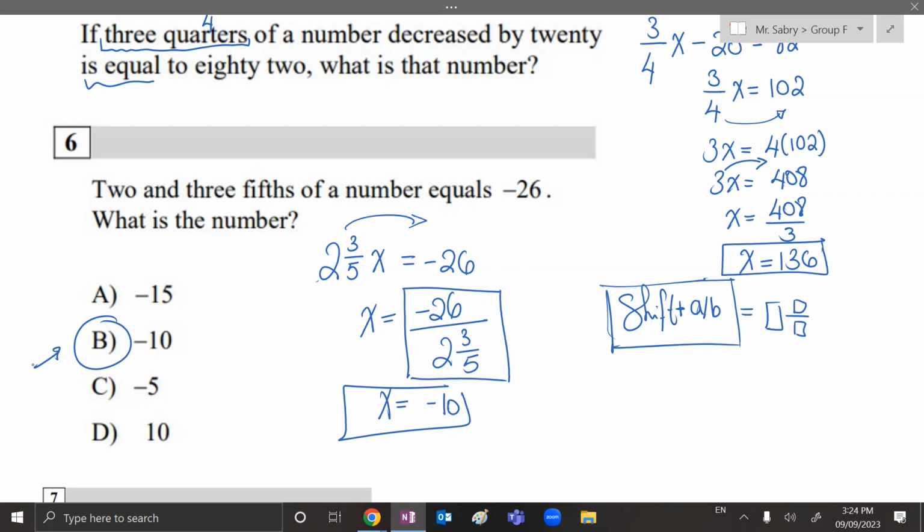Box over box? Oh, okay, that's the one. Click on that. Then shift the same button. Okay. Write the 2, 3 over 5.